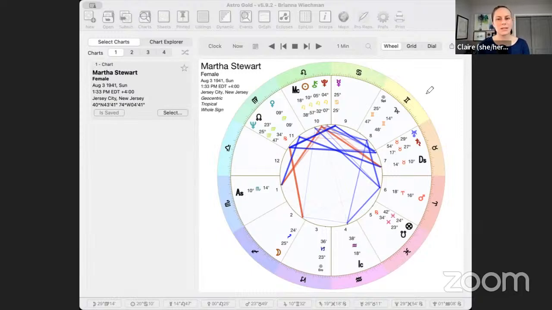But as long as there's a sign-based aspect, that planet is getting support. Even if they're separating, maybe it's a little less, but there's still a lifeline. They're still able to have that conversation in a sign-based aspect. So even if by degree it's pretty out of orb, I still think they're probably getting some help. So if you have any more specific parts of that question, please let me know.